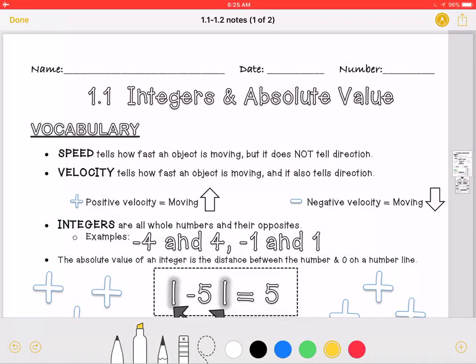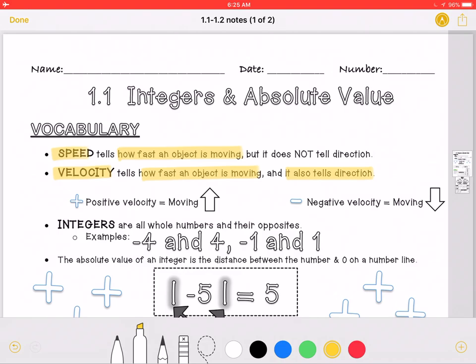the top. Speed is going to tell us how fast an object is moving, but it does not tell us its direction. So speed is just how fast it's moving. Whereas velocity tells us how fast it's moving, but also tells us its direction. Which direction is it moving? Is it moving up?